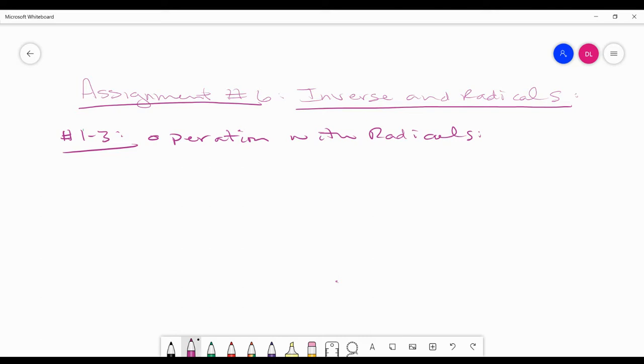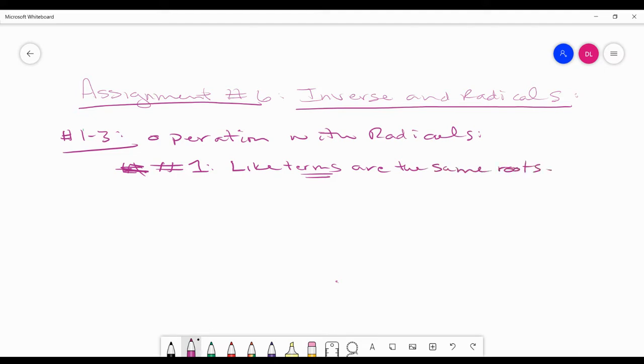Okay, so the number one thing that you've got to remember: in radicals, like terms are the same roots.